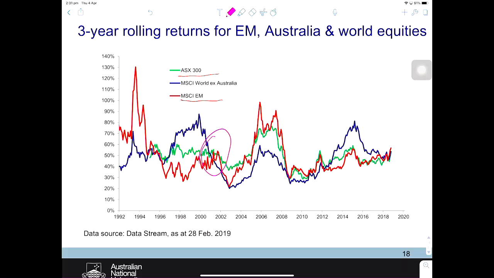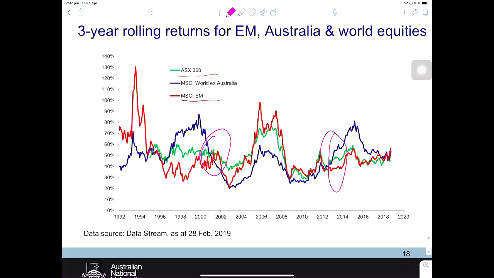That's a turning point when you compare the performance of Australian equity relative to the world equity returns. That's the start of 2000, or the start of the resource boom. Australian equity started outperformance, consistent long-term outperformance against world equity, starting from the early 2000s.